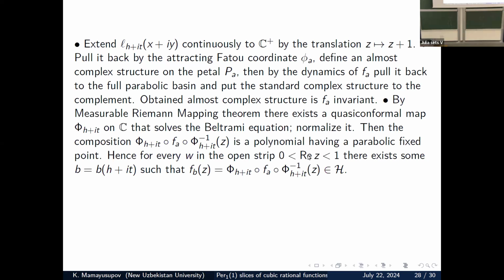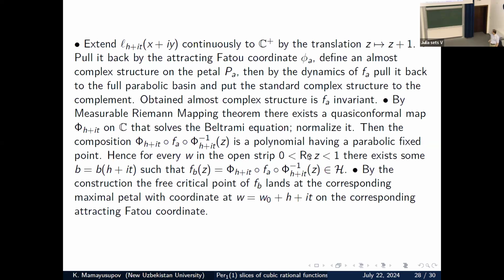And by using the measurable Riemann mapping theorem, you find a quasi-conformal map on the whole complex plane with the same Beltrami equation. You normalize it, then this composition is again, in our case, a polynomial. If you take another slice, it will be in the same space because you are not changing the rest of this basin. You are doing it only locally. So this is again in the same space.